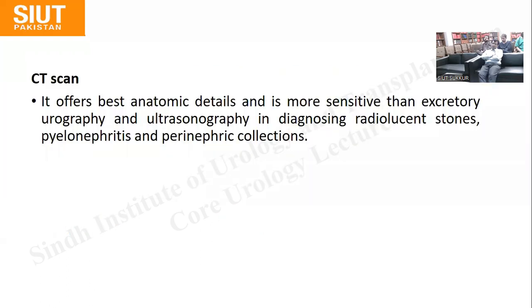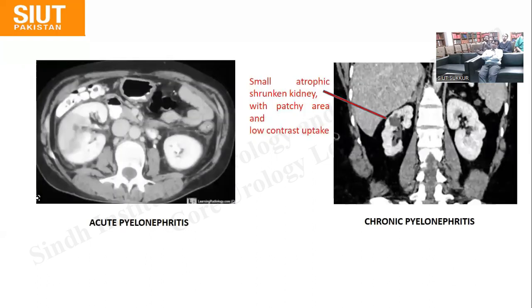Now, CT scan. It offers the best anatomic details and is more sensitive than excretory urography and ultrasonography in diagnosing radiolucent stones, pyelonephritis, and perinephric collections. Again, we can see two images. In the first image, on the left, the right kidney is grossly swollen, and there is a hypodense region of the cortex, which is a typical picture in acute pyelonephritis, whereas the left kidney is normal.